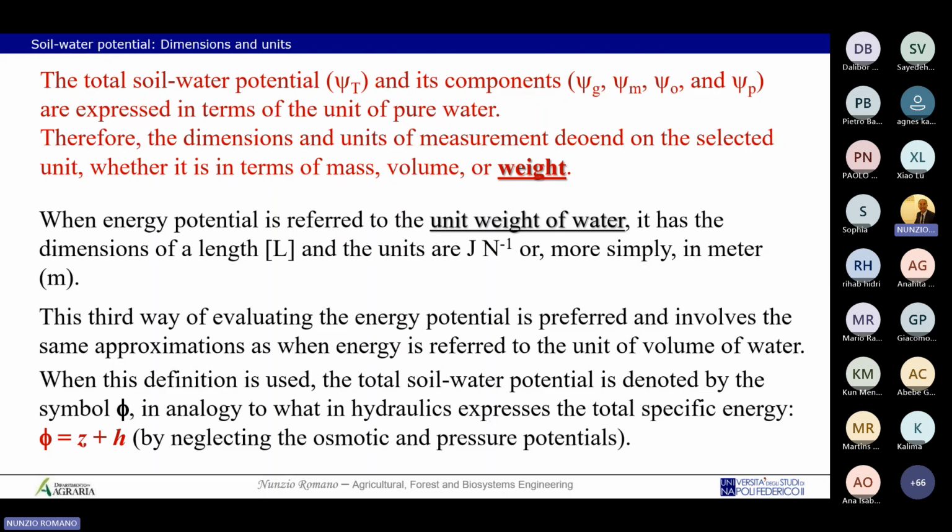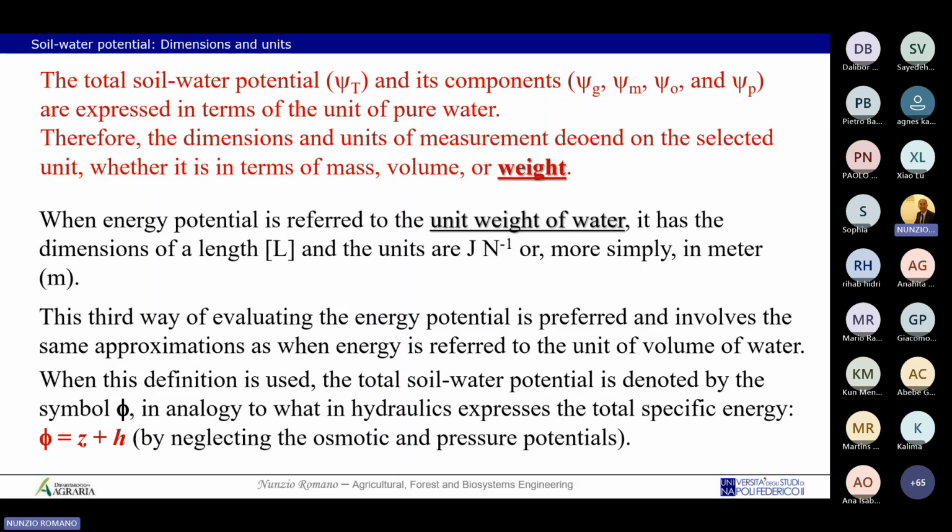For example, your elevation compared to the mean sea level. You see in topography the elevation, the position compared to the mean sea level. But this is a form of energy. Which energy? The gravitational potential energy, and then the matric potential, the capillary potential, is expressed in terms of h, and is the matric potential.